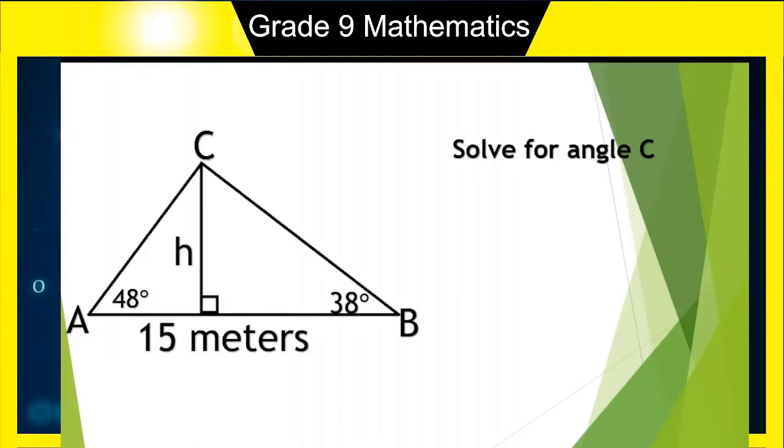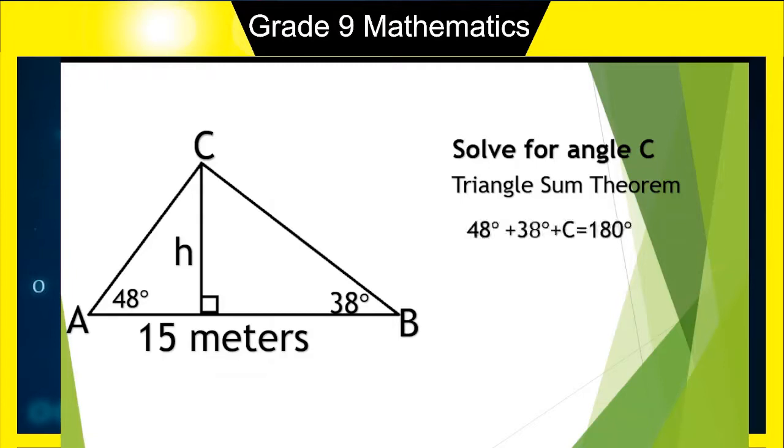So first, solve for angle C by using the triangle sum theorem, wherein we need to add all of the angles, which is equal to 180 degrees. As we can see, 48 plus 38 plus C is equal to 180 degrees. We add the given angles, 48 and 38, which gives us 86 degrees.